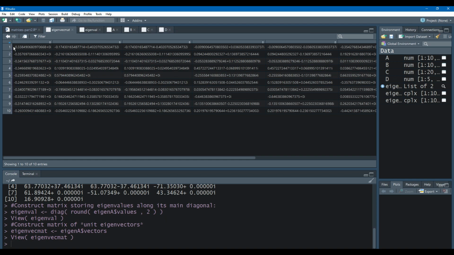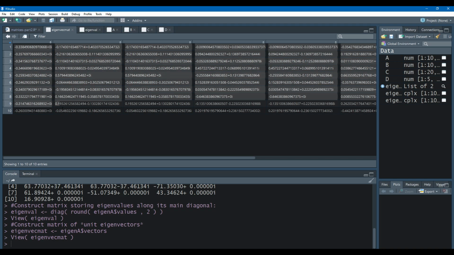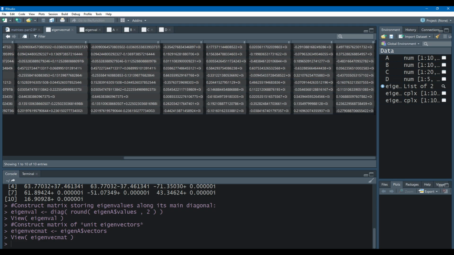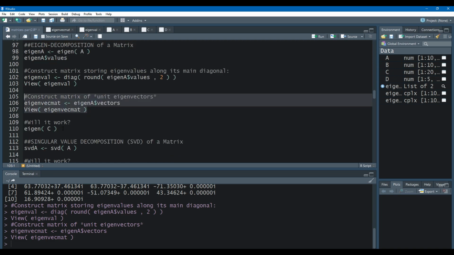These are in their unit form, so these are standardized eigenvectors. If we wanted to see how much these eigenvector components stretch, we would multiply them by the square root of the eigenvalue. But that is a matrix of unit or standardized eigenvectors.